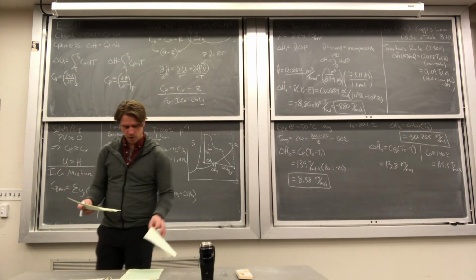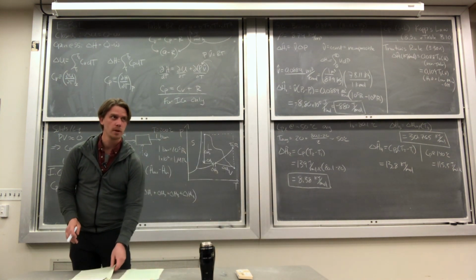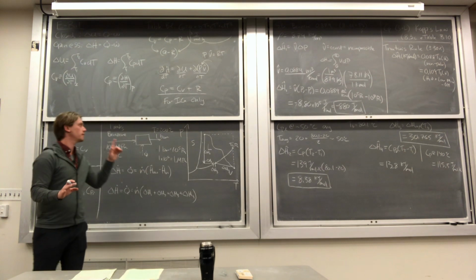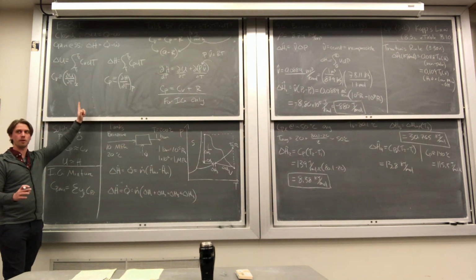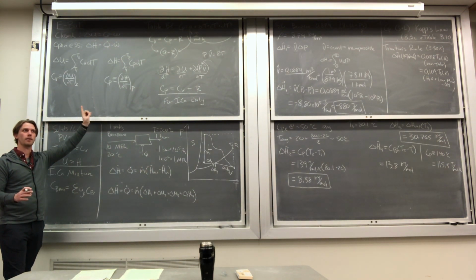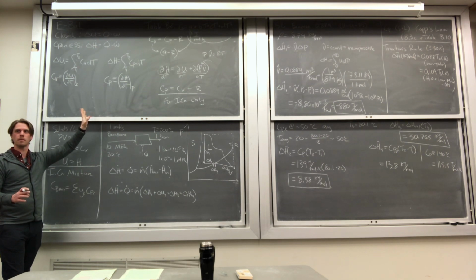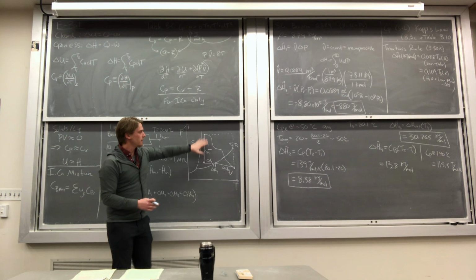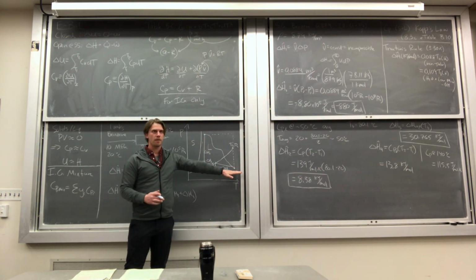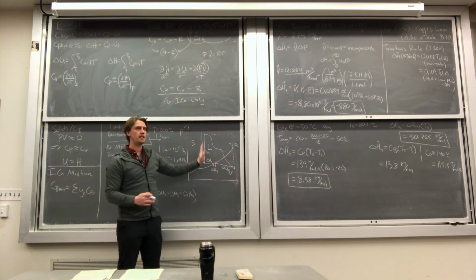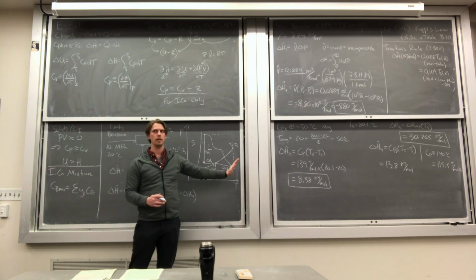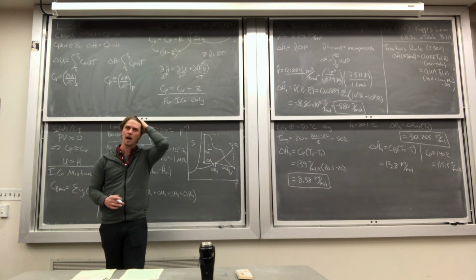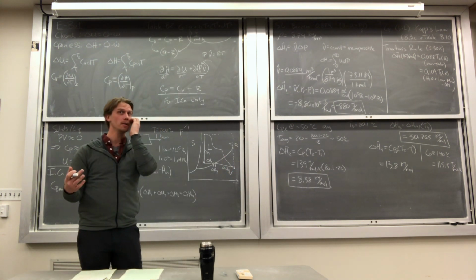Okay, I have said it a bunch of times. The energy balance is not the hard part of the thermodynamic calculations that we're going to do. The hard part is choosing a path, finding the data, and manipulating the data in order to extract out delta H's and delta U's.